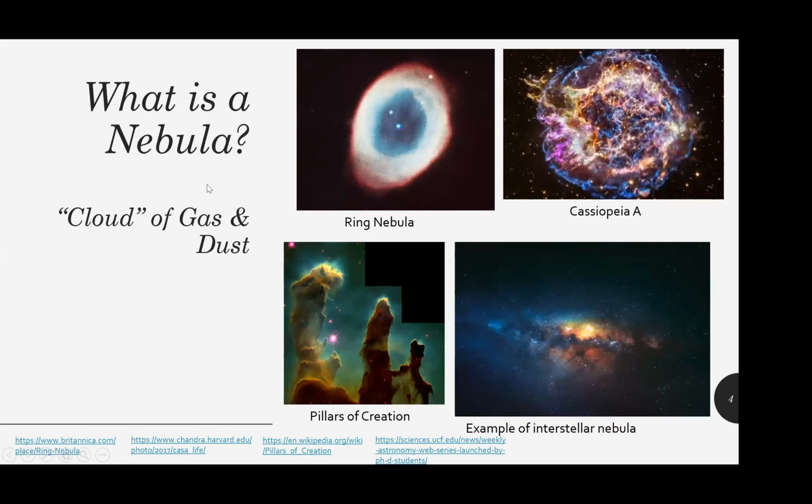So let's define what a nebula is. The word nebula has its roots in Latin, and it means mist or cloud. Obviously, these objects are found in outer space, and they are composed of about 90% hydrogen gas.